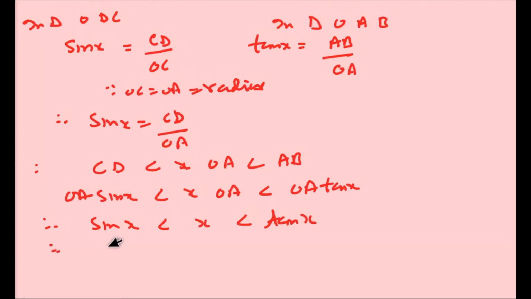Again we can write sin x less than x less than sin x upon cos x. So we can cancel out the sin x, so we can write here 1 less than x upon sin x less than 1 upon cos x.